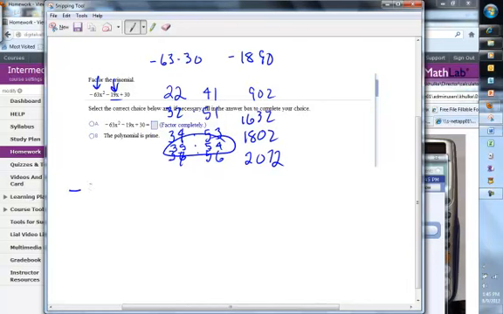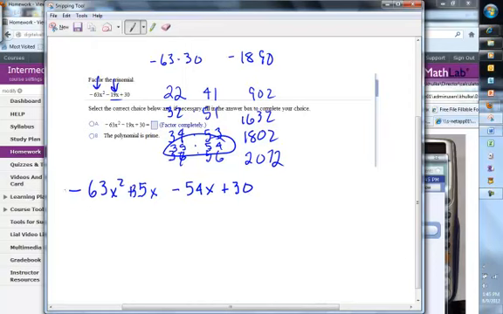So when we split this up, we get negative 63x squared, plus 35x minus 54x plus 30.